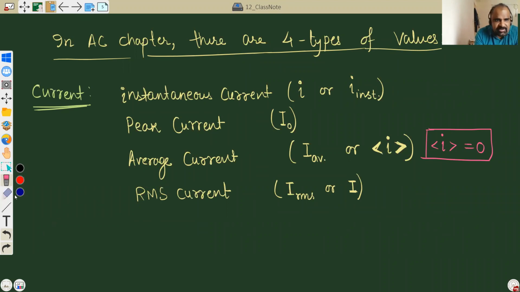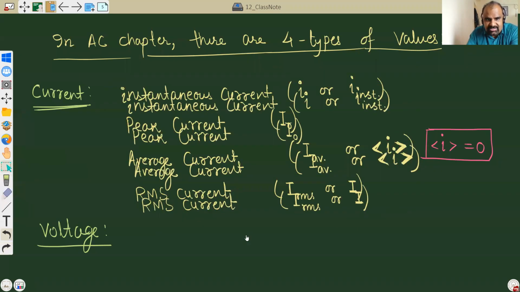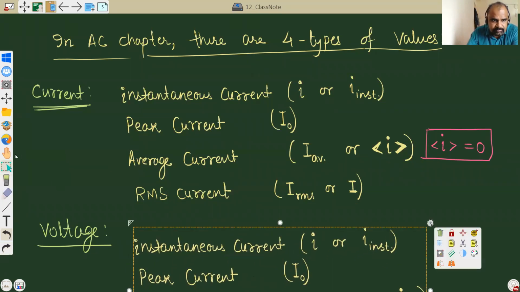Now, similarly, let me very quickly, without wasting time, tell you that for voltages also, there are the same 4 quantities.